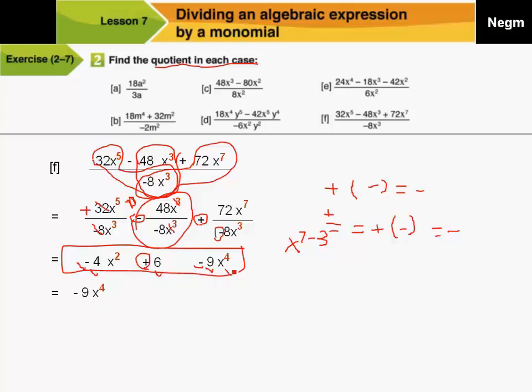So we'll take minus 9x to power 4 first, and then minus 4x to power 2 plus 6. And this is the final solution. Of course, you can solve A, B, C, D, and E as we solved F in the same way.